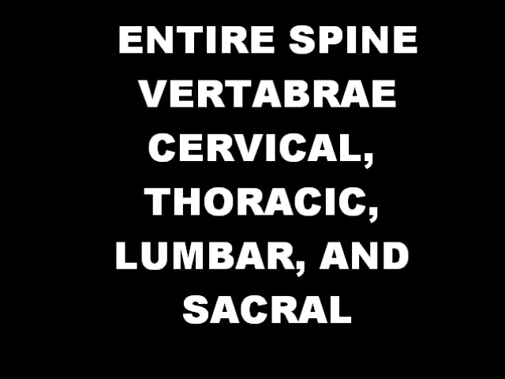Okay, now this is a picture I'm going to show you of the entire spine, the vertebrae, which includes, starting from the top, the cervical part of the spine, and then the thoracic part, and then the lumbar, which is the lower back part of the spine, and then the sacral, which is basically where the sacrum is.